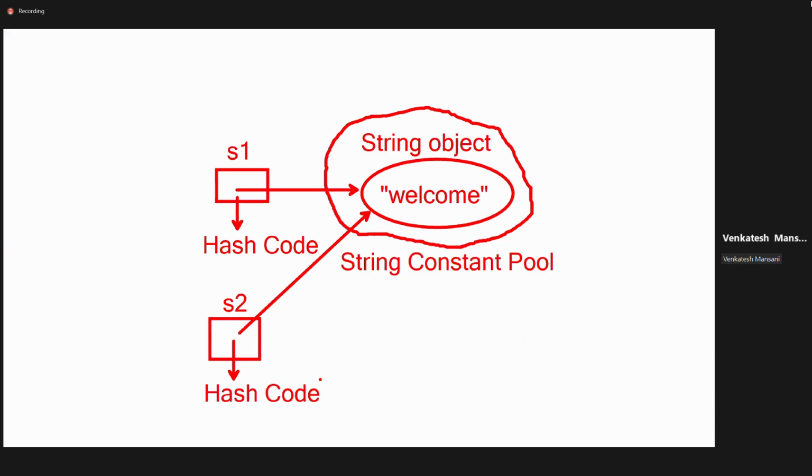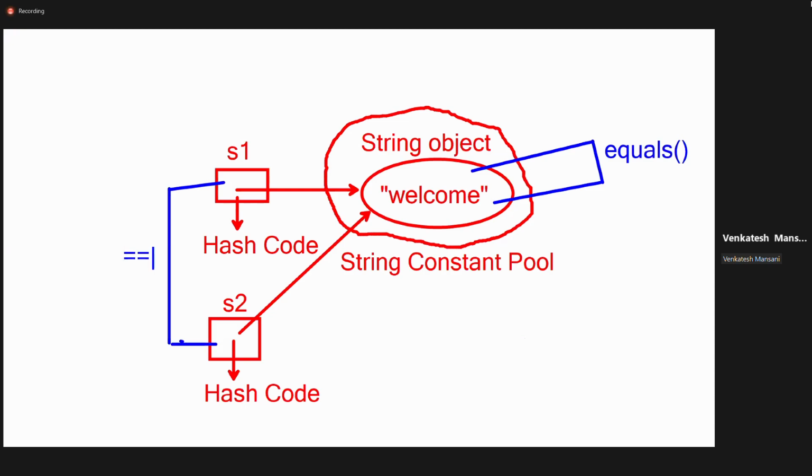Then the equals method compares the content of the String objects. Now, "welcome" is compared with "welcome". True or false? True. Is it the same hash code or a different hash code? That's what gives true. Write this diagram. So the previous one is different, this one is different.